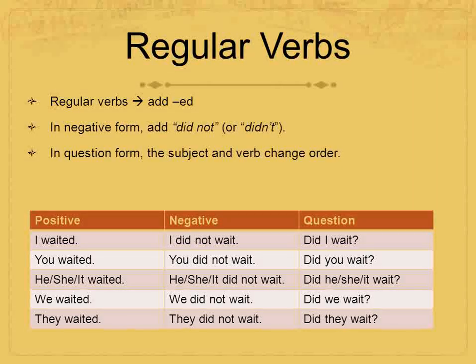Okay, next one, you waited, you did not wait, did you wait? Third one, he waited, she waited, it waited. He did not wait, she did not wait, it did not wait. Did he wait? Did she wait? Did it wait? Okay, so that's the idea with positive, negative, and questions for the regular verbs.